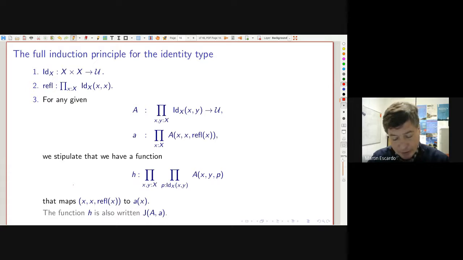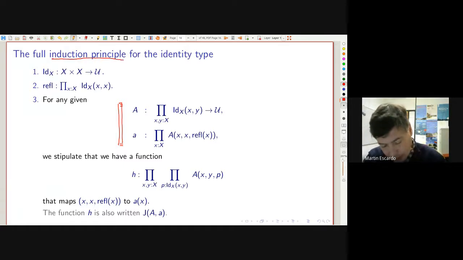So the induction principle, we give the data A, capital A and lowercase a, in a form which is a little bit more general, and this is called the induction principle, this generalized version. Before you look at the types of these functions, let's look at an example.